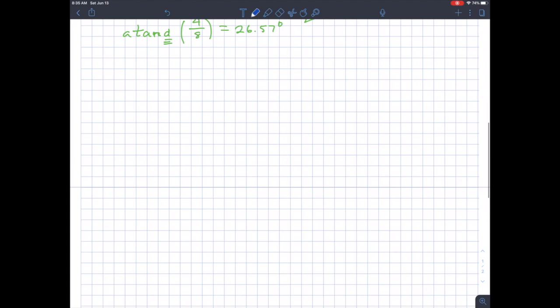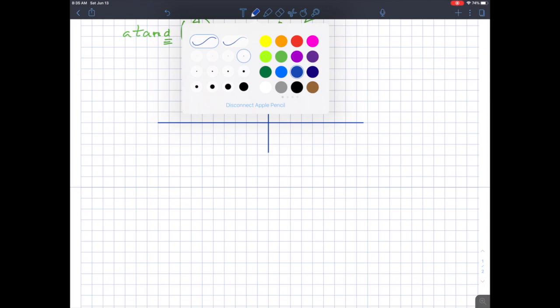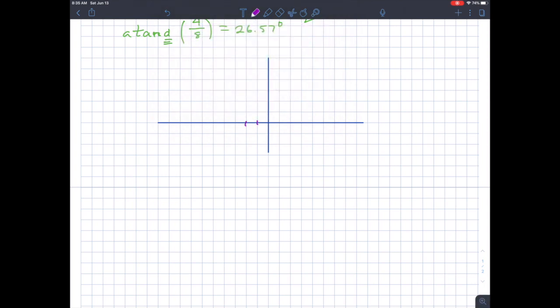Let's take this coordinate system. And this time let's do -8. I'll use purple. 1, 2, 3, 4, 5, 6, 7, 8. Plus 4. 1, 2, 3, 4.